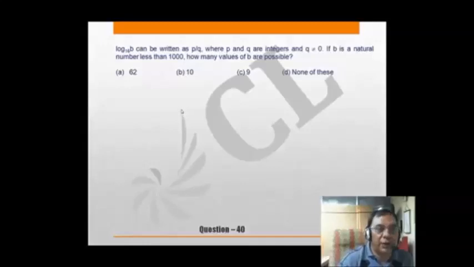So if I take 2, b is equal to 2, 4, if I take P1, the Q can be 1, 2, 4.